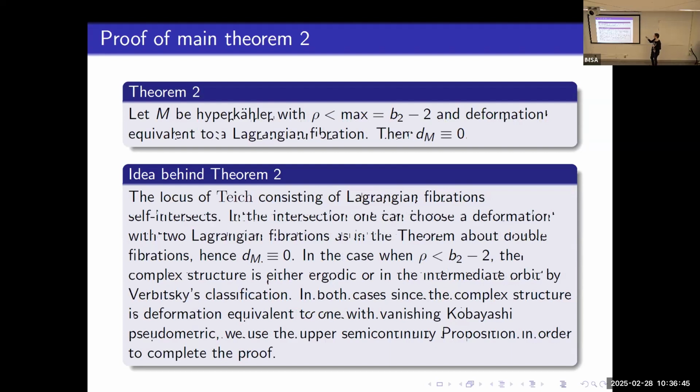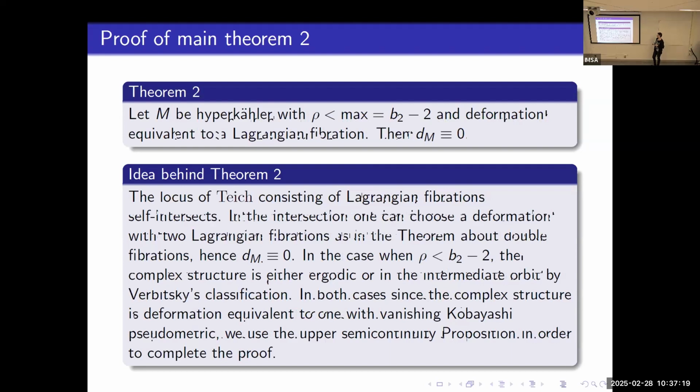But because we're in the case where the Picard rank is less than maximum, and here you also have ergodicity, what you can do is deform the initial complex structure to the complex structure with the vanishing Kobayashi pseudodistance, and then use this special proposition with the upper semi-continuity to finish the proof.